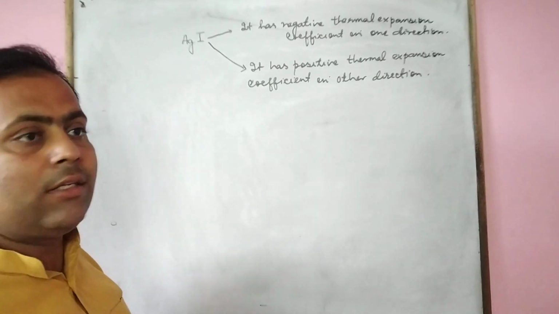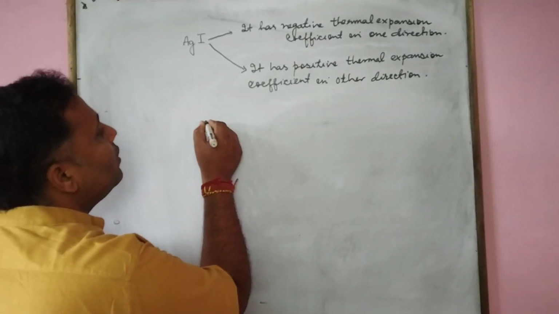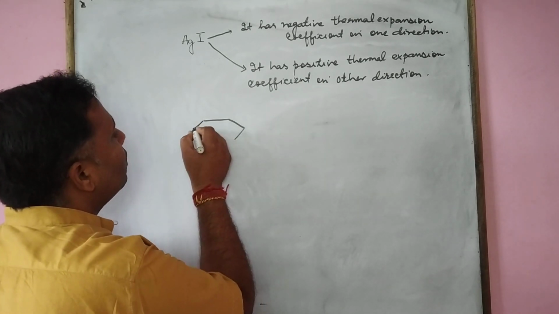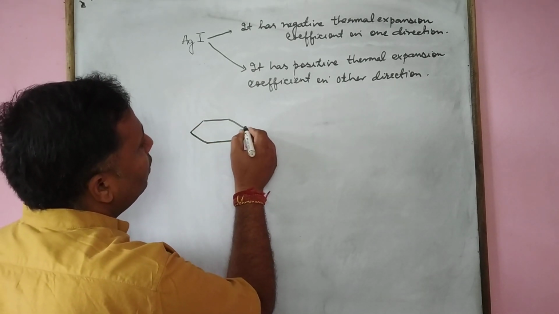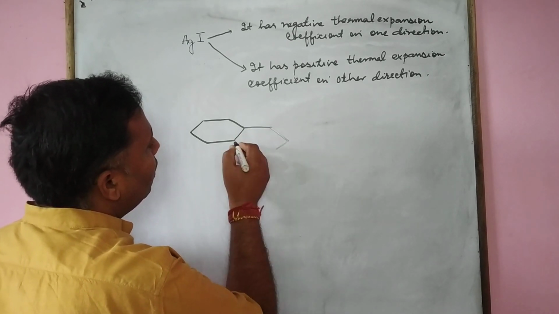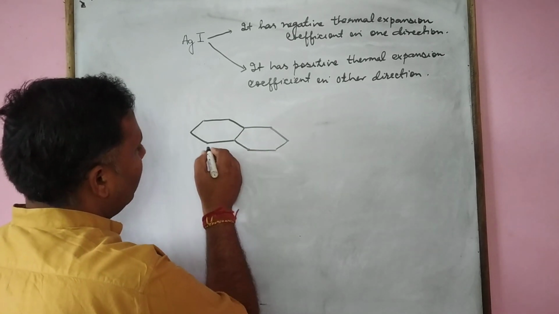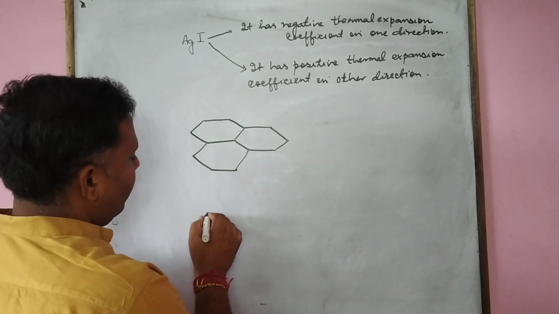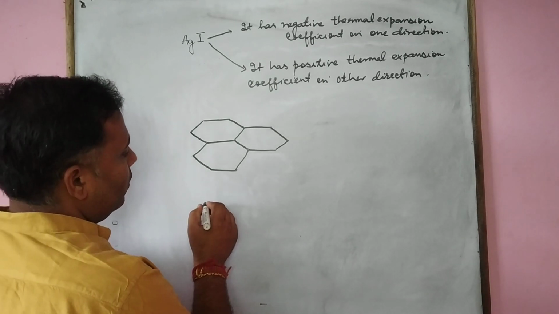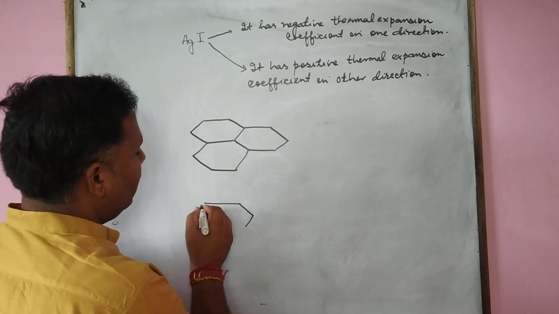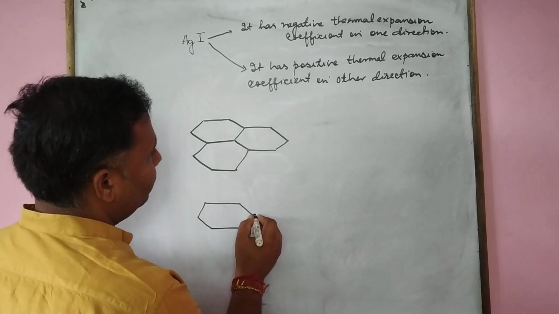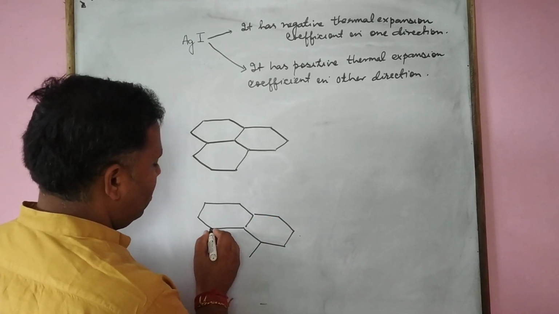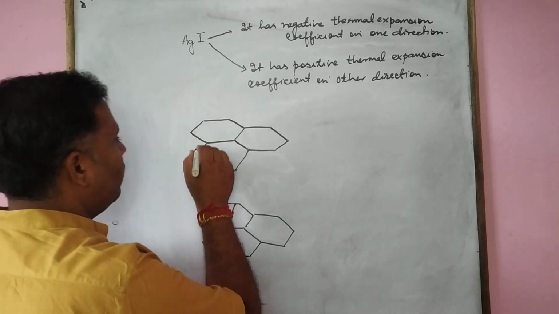Let us take another example of graphite. In case of graphite, we have studied the structure in class 10. It is in hexagonal layers. This is the first layer. To the next one, I am drawing the next layer. What we see here?